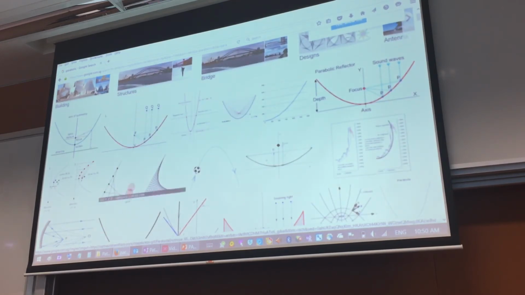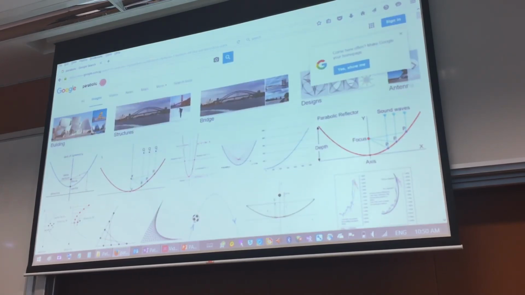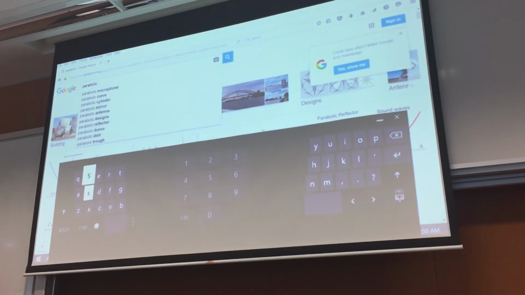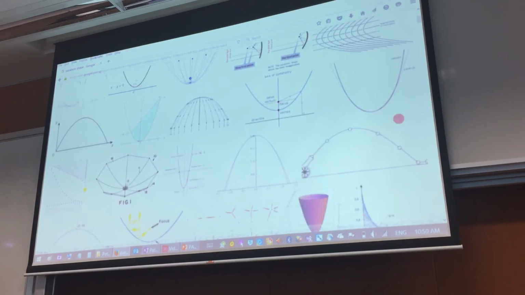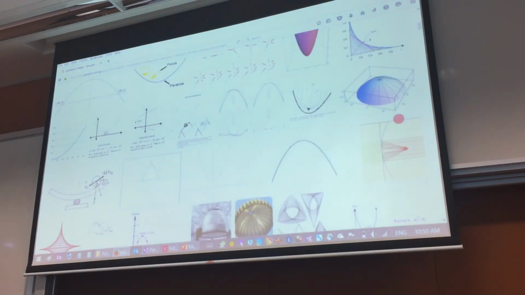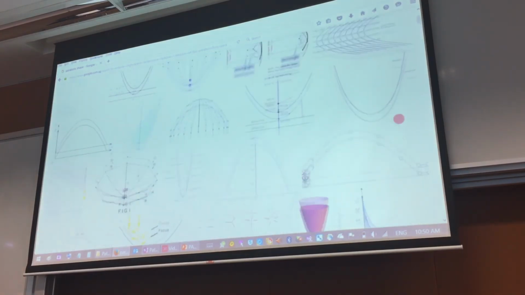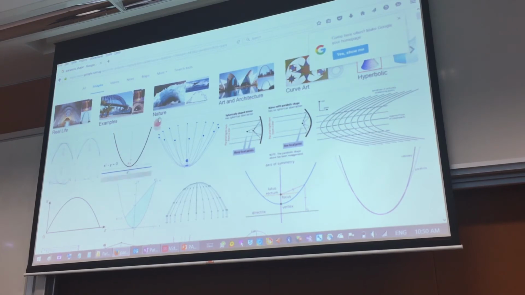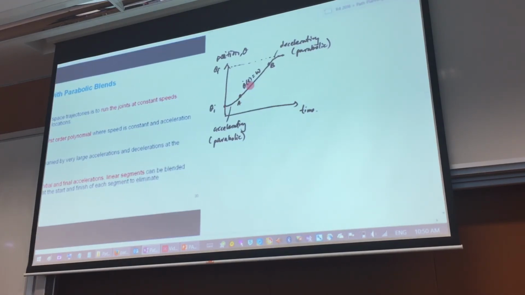All these shapes, they are parabolic. Maybe I'll add in the word shape. I'm trying to find one picture, but there isn't. So never mind. This is parabolic shape. Your quadratic curve, that is your parabolic shape. What I was trying to find is a section of the curve. Okay, that's your parabolic shape.